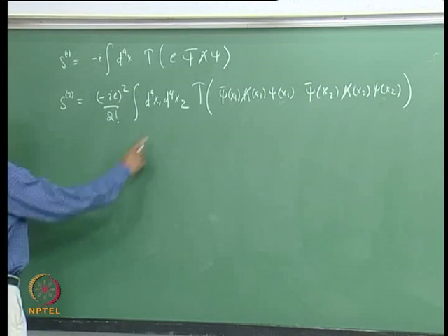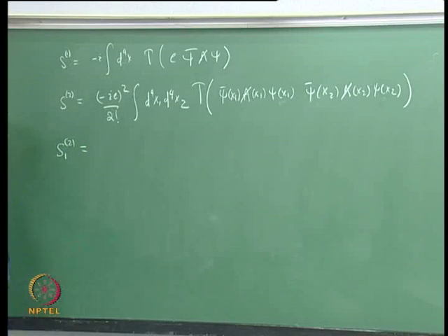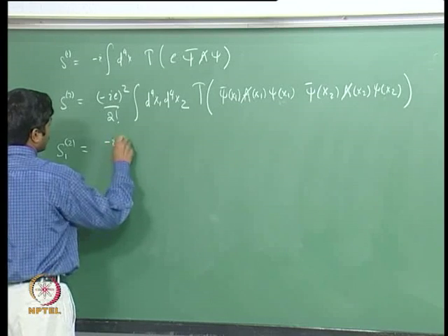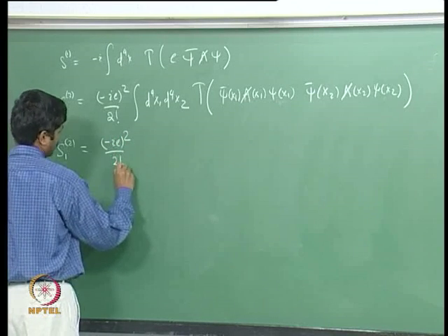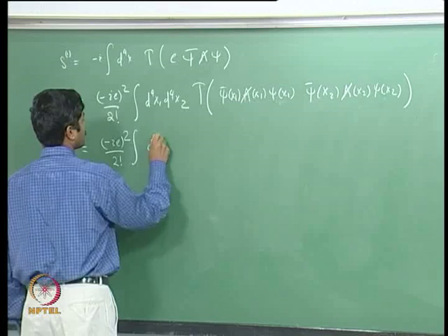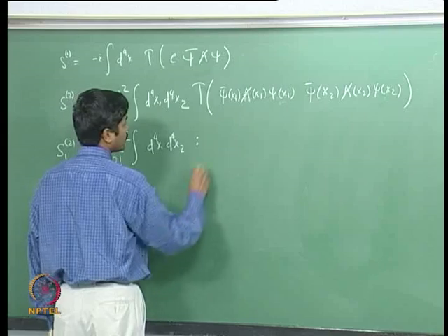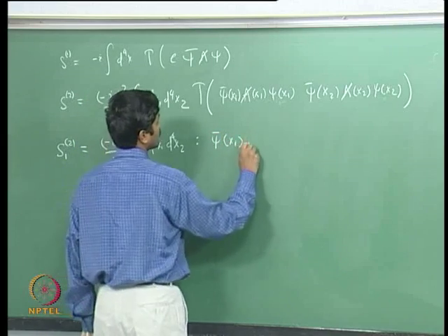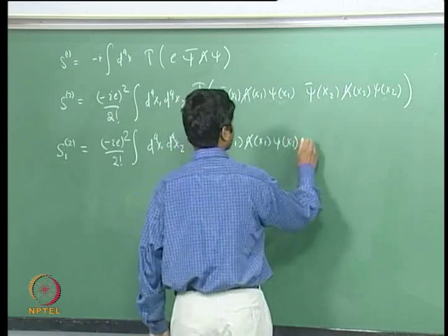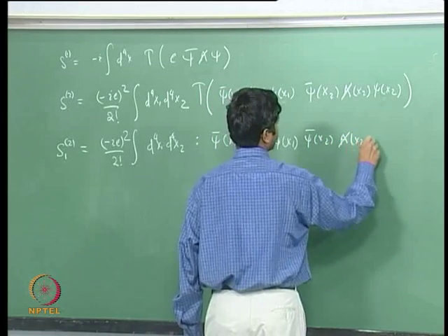So, let us write down these quantities. I will denote them as S21 and so on, with a subscript, which basically gives us various terms in the Wick expansion: d4x1 d4x2 and then the normal ordered product of psi bar x1 A slash of x1 psi x1, psi bar x2 A slash x2 psi x2.